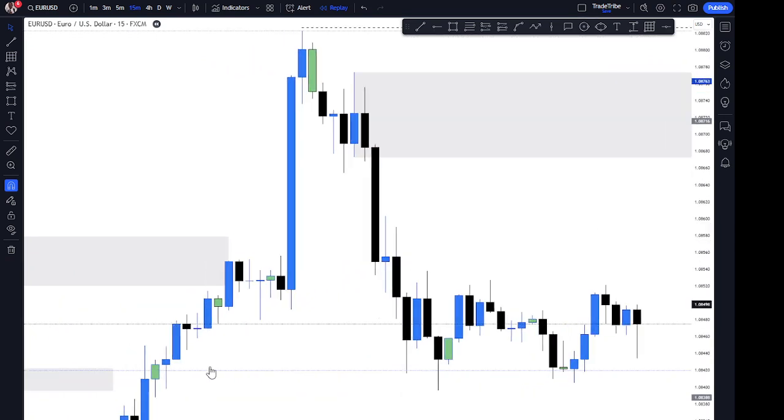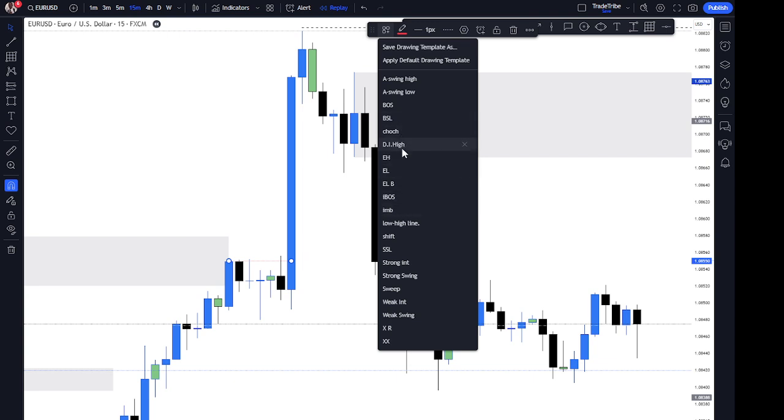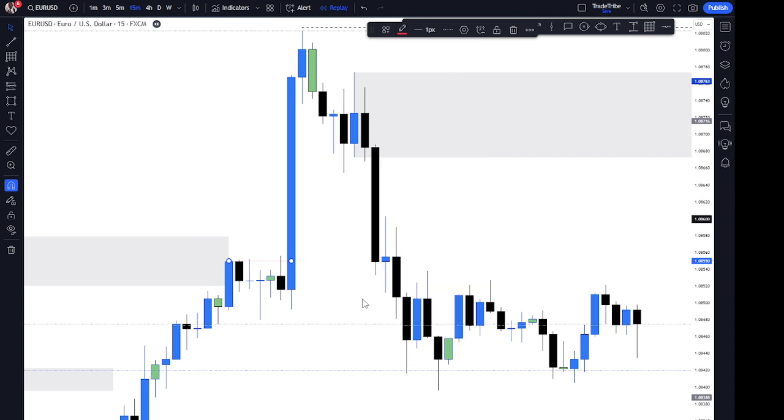zoom this thing, you can see before market form this high here, had this break of structure here, very valid one.